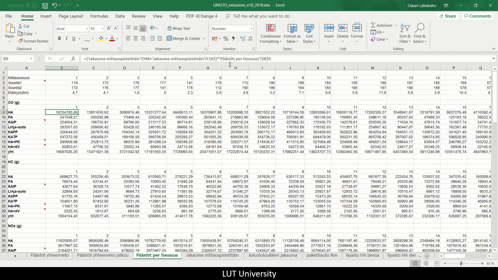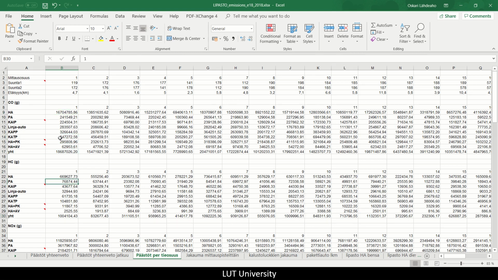And then we need to factor in the emission factor and multiply it also with the distance. And then we do this for every section of the road, every vehicle type, and every emission type.